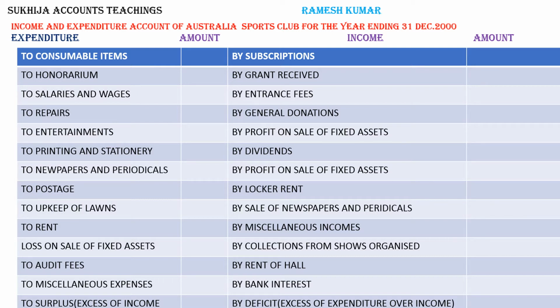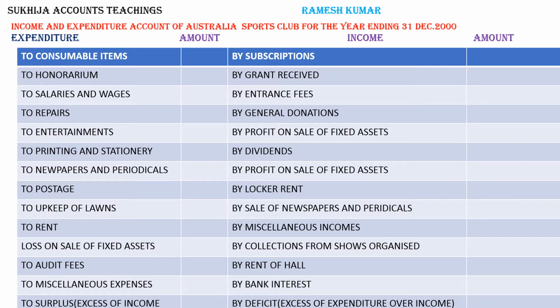To audit fees, they have to get their accounts checked by some auditor and whatever fees is paid to them is called audit fees. To miscellaneous expenses, miscellaneous means various other expenses.